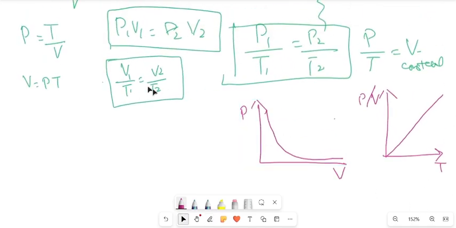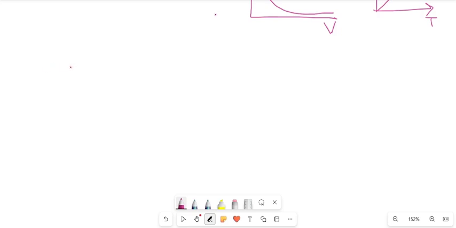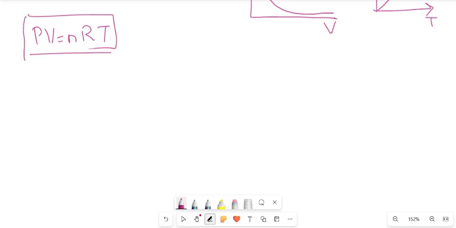If I were to take one of these formulas, this one, PV. Now, you must have seen this formula for ideal gas, PV equals nRT, right? This is the formula for ideal gas. Do you know how we derive this?